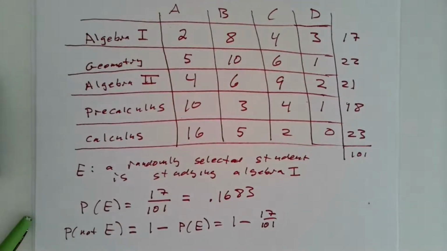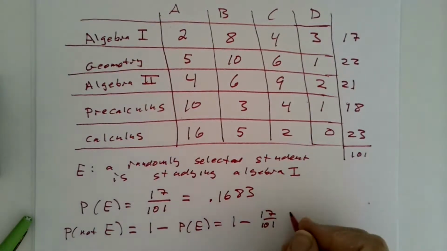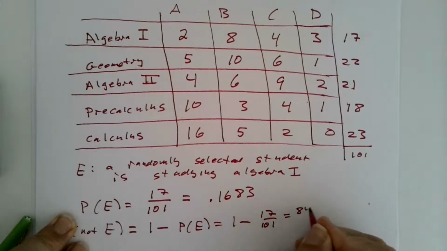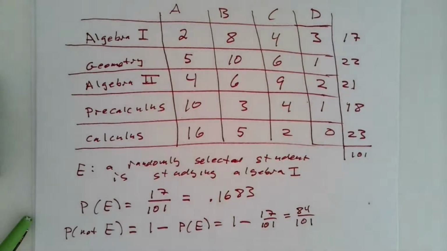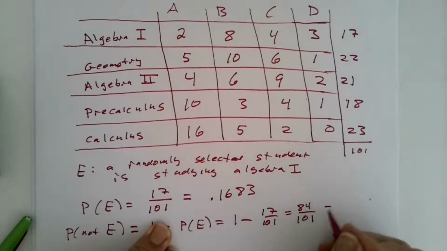So what is that going to be? I believe that's 84 out of 101. So there's 84 other students in our group here who are not studying Algebra 1. What is 84 out of 101? That's a decimal 0.8317 in 4 decimal places.